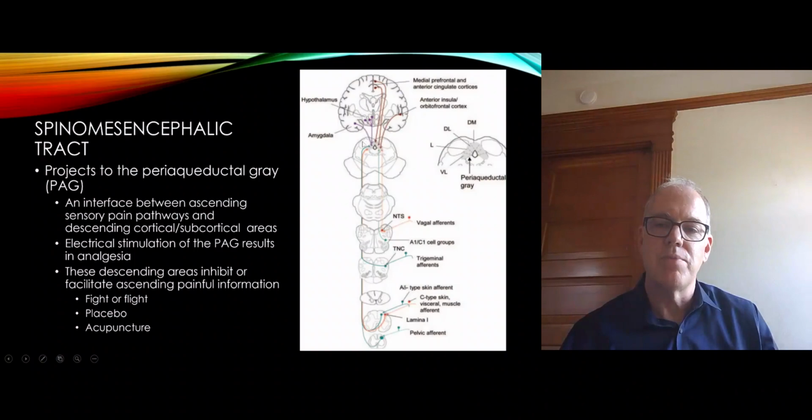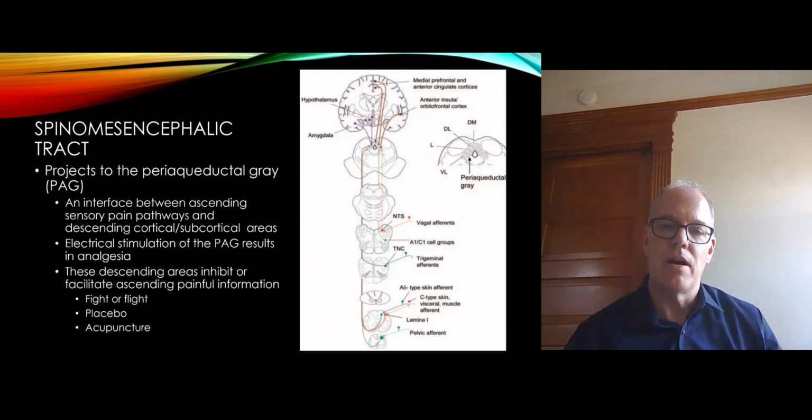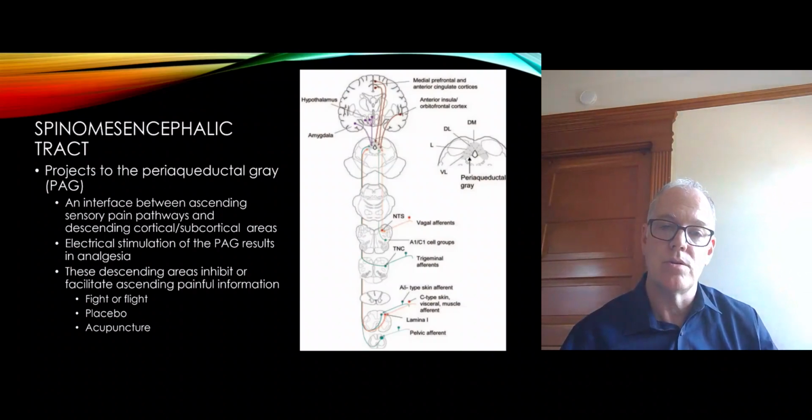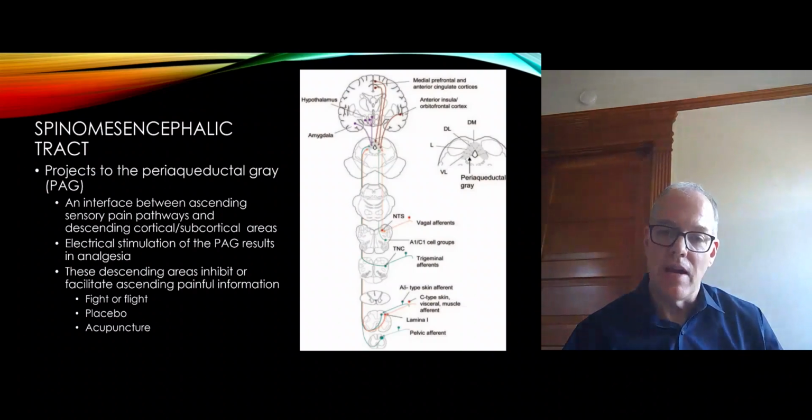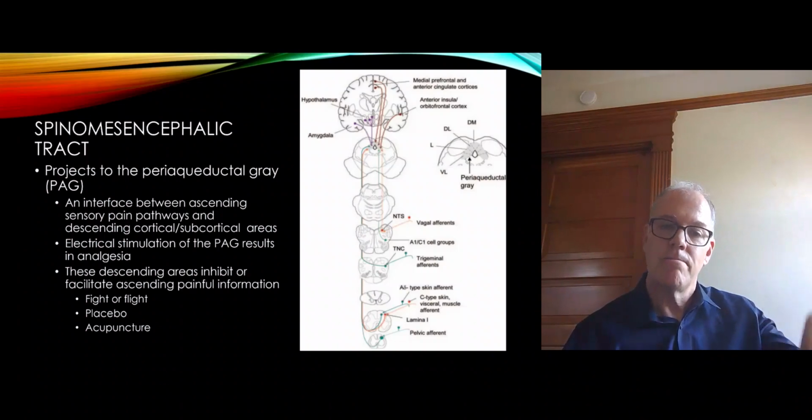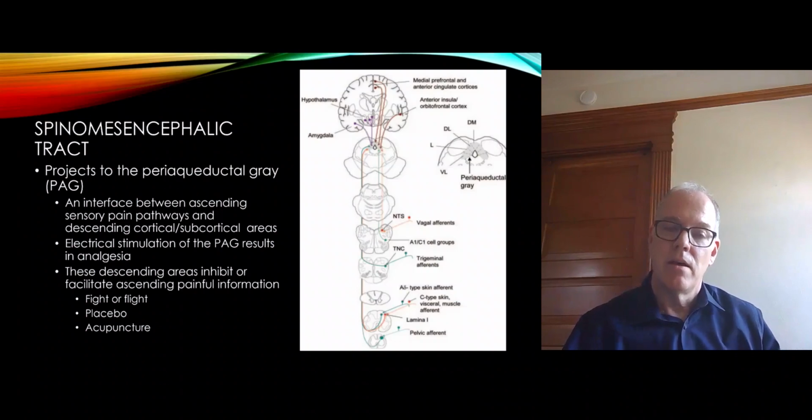But the basic point is this: if we activate the periaqueductal gray, then it has connections down to the dorsal horn of the spinal cord to diminish pain. So the example of fight or flight, or an athlete being able to fight through pain, well, that would be the brain stimulating the periaqueductal gray to sort of shut down for a period of time the sensation of pain.